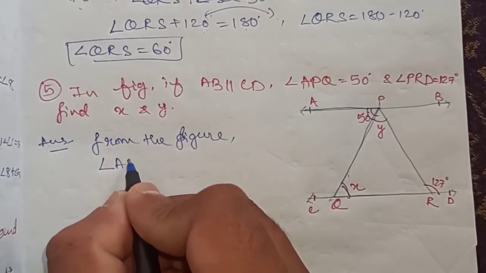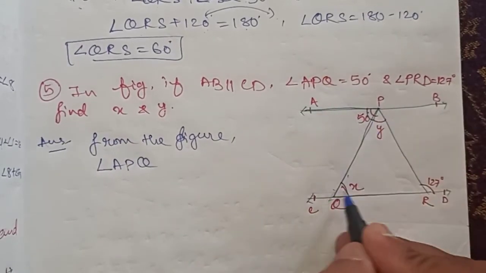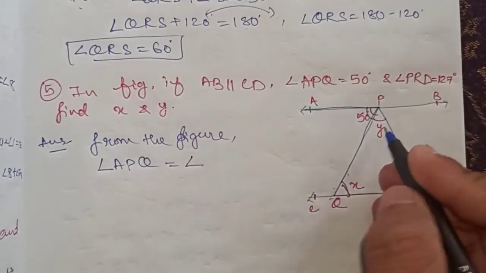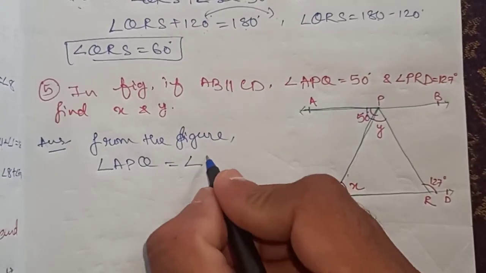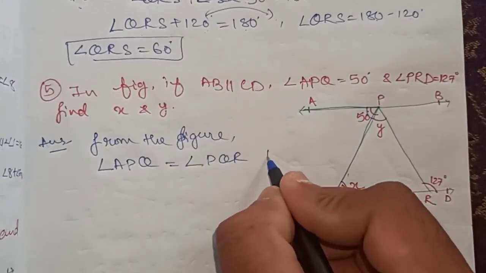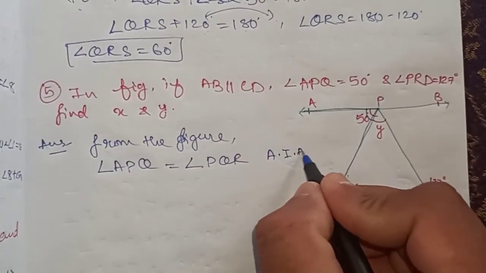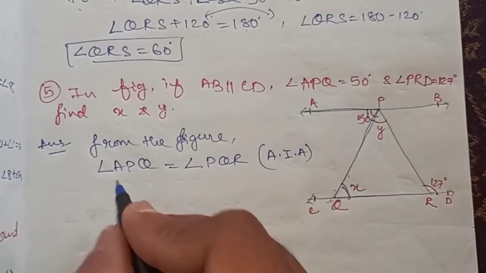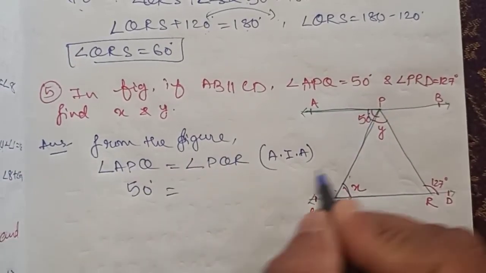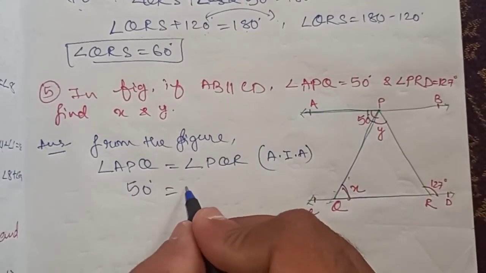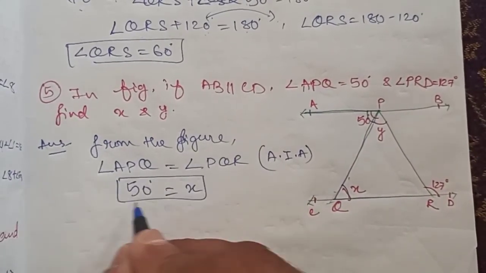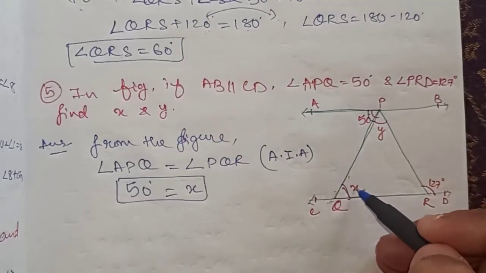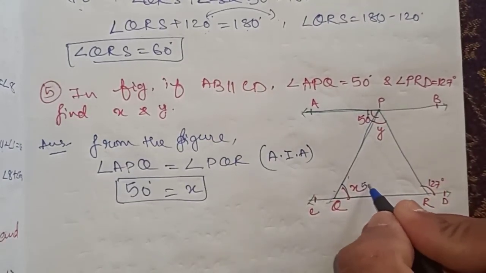Angle APQ equals angle PQR. Why? Alternate interior angle. Now APQ is 50 degrees. PQR is X. That means X is 50 degrees we got.